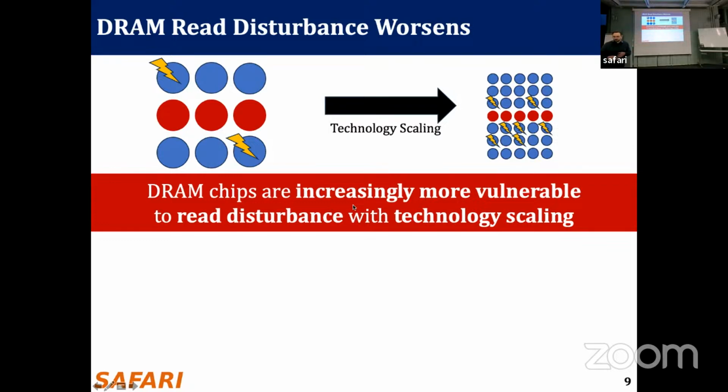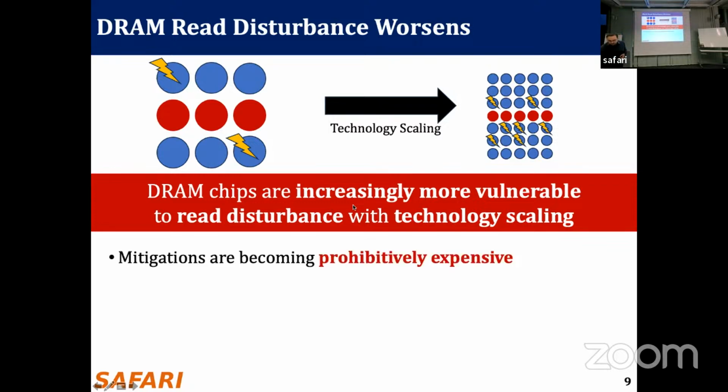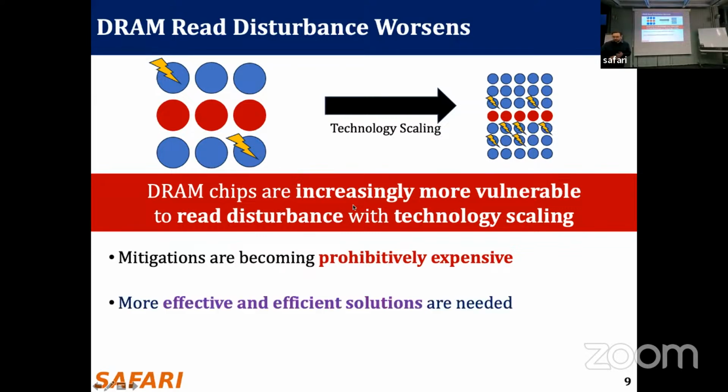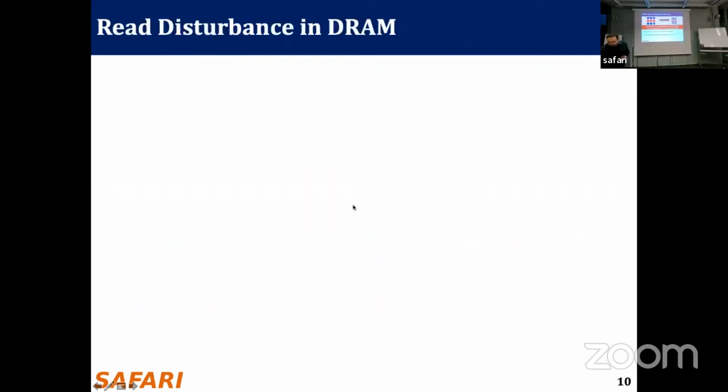So this read disturbance phenomenon actually gets worse with technology node scaling. As a result, the existing mitigations for this phenomenon become prohibitively expensive, and we need more effective and efficient solutions for reliable, secure, and safe systems.